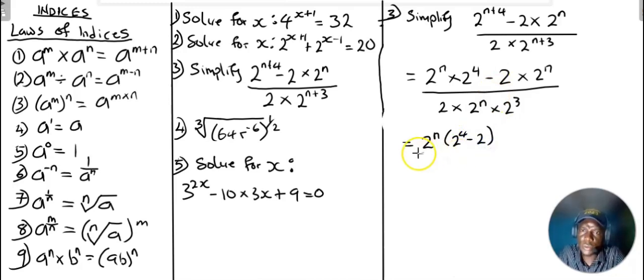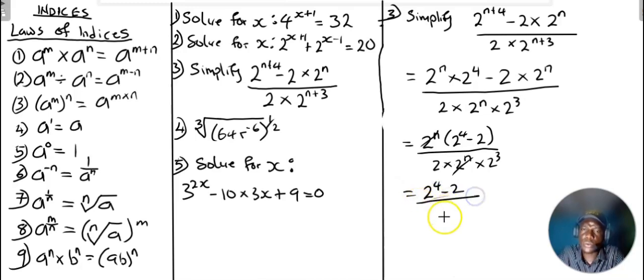Bracket close. All of them over 2 times 2 raised to power n times 2 raised to power 3. So this is very simple. What we are going to do, we cancel out 2 raised to power n. You are left with 2 raised to power 4 minus 1 all over 2 times 2 raised to power 3.